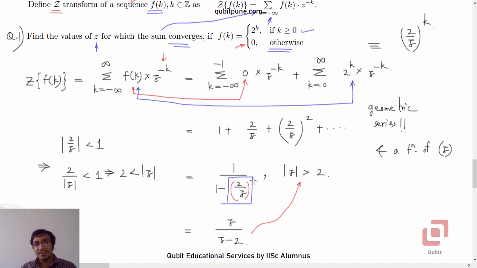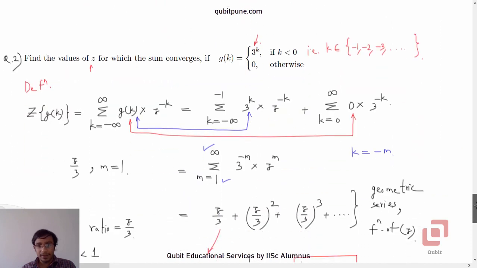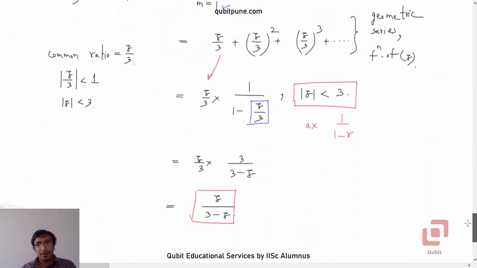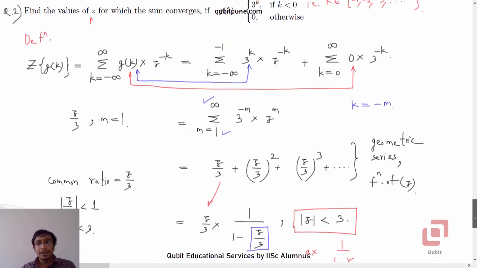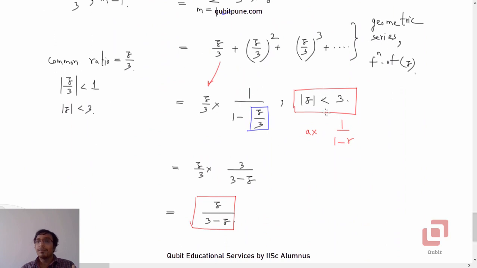And it is now very much clear that the region of the complex plane for which the first expansion is valid is the open region mod z greater than 2, and here it is mod z less than 3.